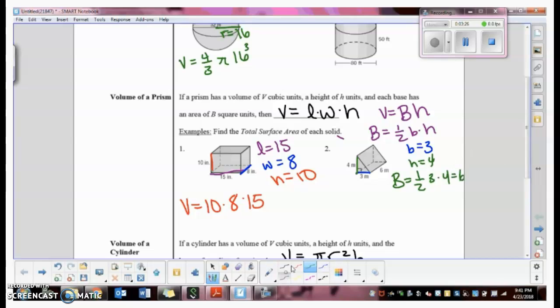And then the height, even though 4 is the one that's standing straight up, it's actually not going to be our height. Our height is what it would be if we stood the prism up on its base. Just imagine yourself tilting it up, and then that height is actually going to be 6. So make sure you are using the right values for height, because it can be a little bit confusing if the prism is lying on its side.